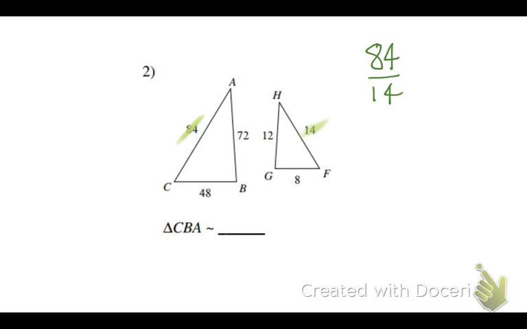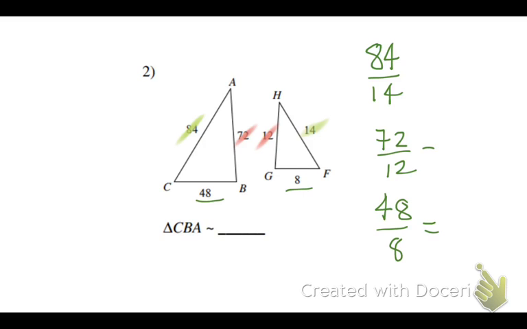Next, I am going to look for the medium side length, so the one that's in the middle. I got 72 and 12. So those are going to correspond. So we'll write 72 divided by 12. And then for the last set of sides, it'll just be the two sides that aren't marked. So those are the short sides. And so 48 divided by 8.